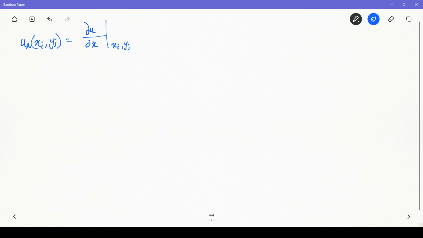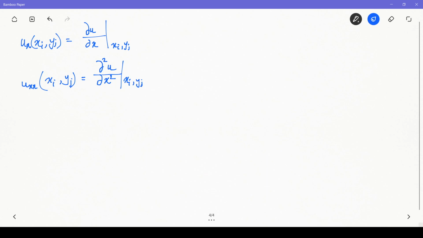The second partial derivative is denoted as u sub xx at the point x sub i comma y sub j, which is the second derivative of the bivariate function u with respect to x at that point. This is the shortcut notation for the whole thing.